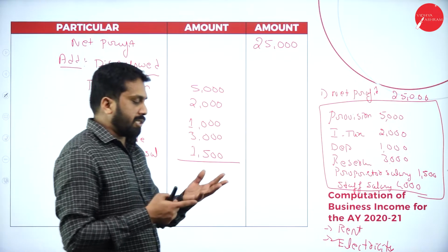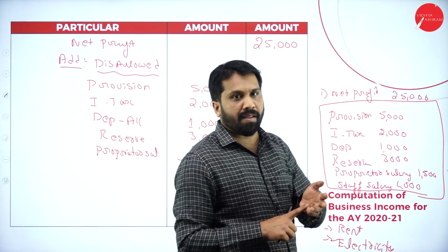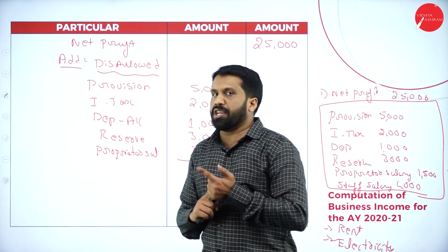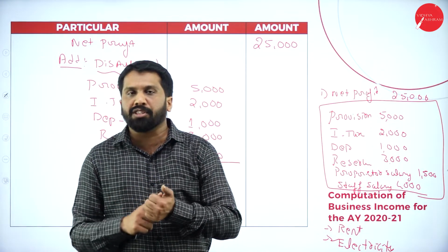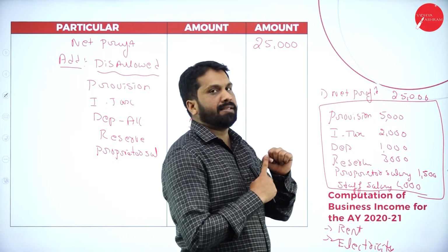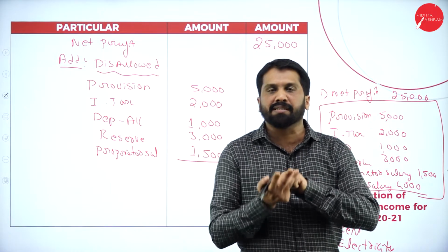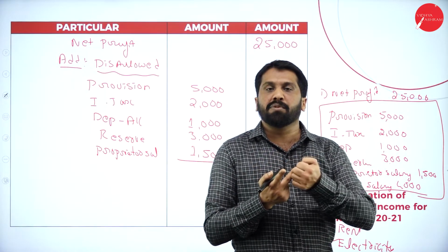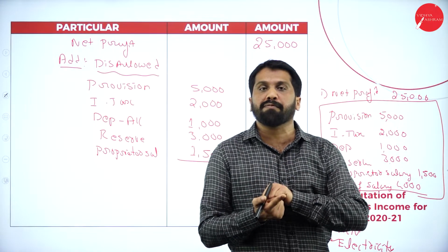Please write down. Any reserve, any provisions, any depreciation, donation, proprietor salary, personal expenses, income tax, municipal tax. Municipal tax paid for what?